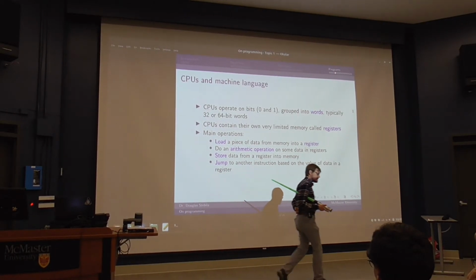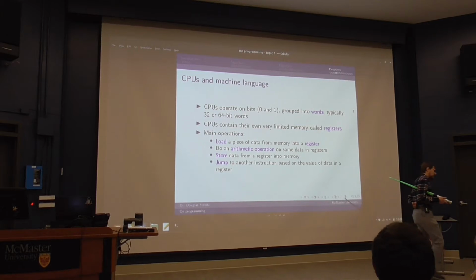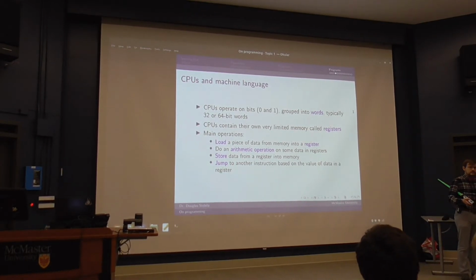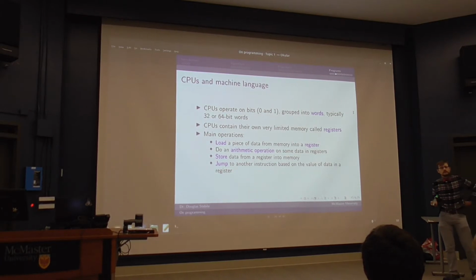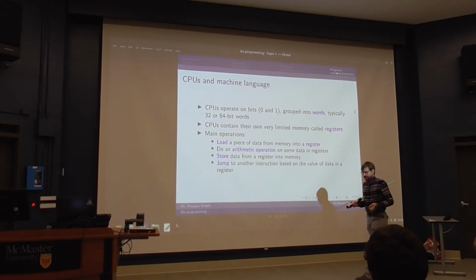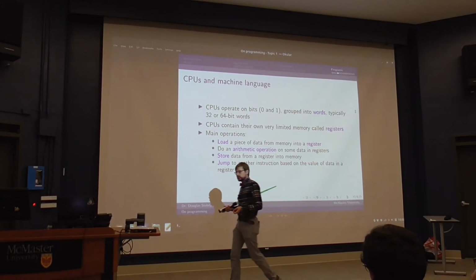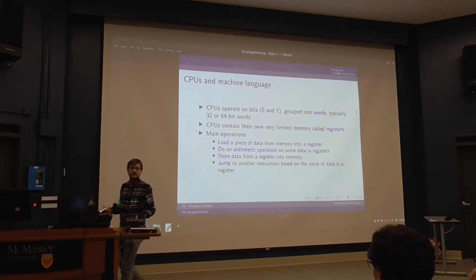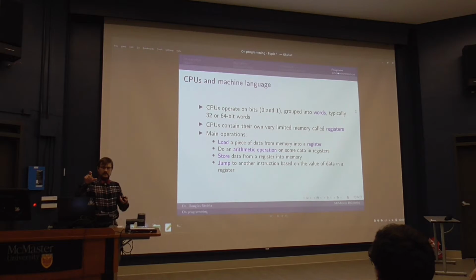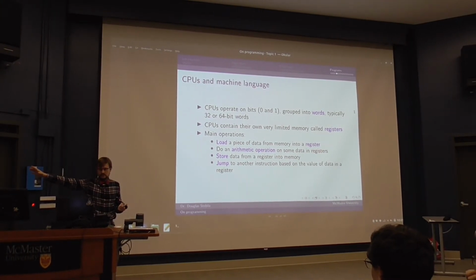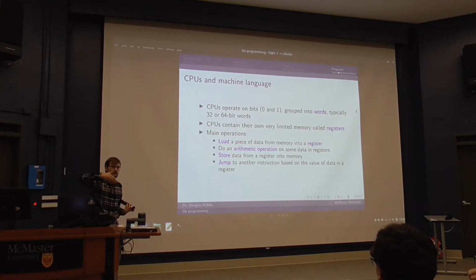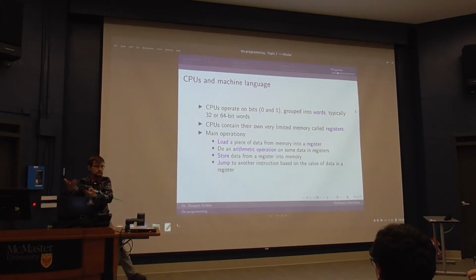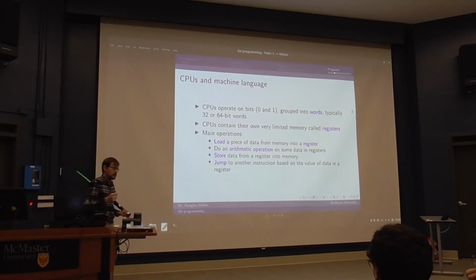The Nintendo Entertainment System was an 8-bit machine, right? That's why it could only support 256 colors. That's because 2 to the power of 8 is 256, and they were using 8 bits to indicate the color of a pixel.